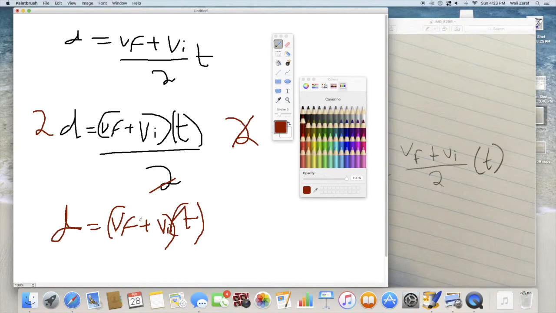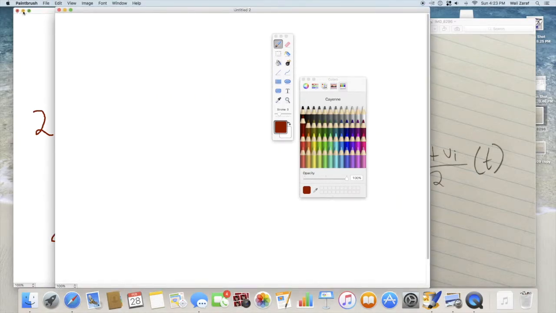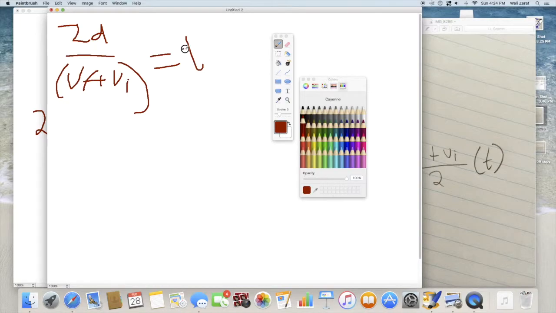Now I chose not to distribute this guy throughout t and Vi and Vf. So we can divide both sides by Vf plus Vi, and we'll get 2d over Vf plus Vi is equal to t.